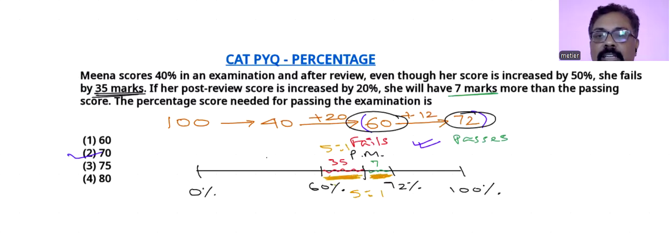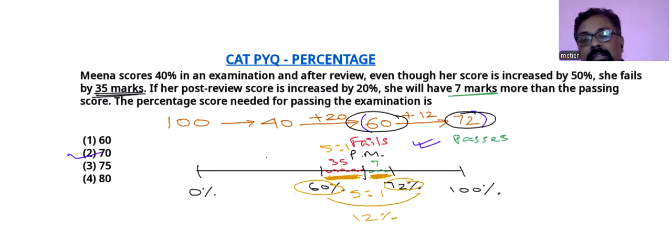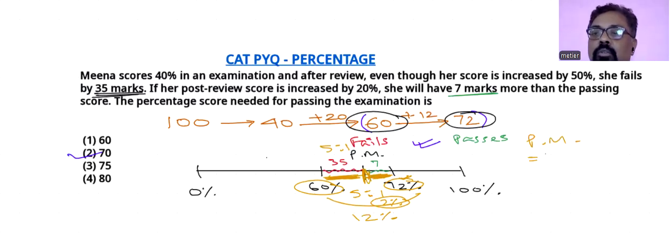Now it is 60, it is 72, so the gap is 12%. If we divide 12% in the ratio 5:1, this segment comes as 2%, and it is on the left-hand side of 72%. So this gap is 2, this value is 72. So the pass marks will be 72 minus 2, 70%.